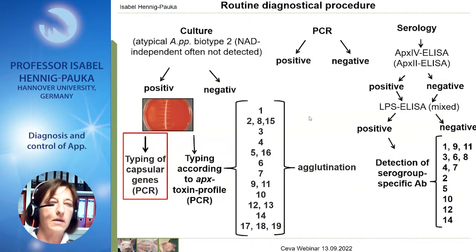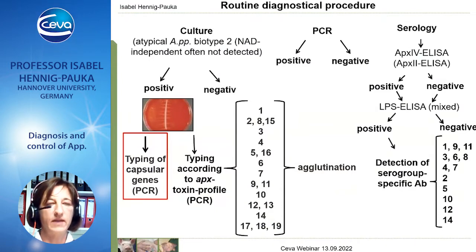You can do PCR directly from lung tissue, but mainly or mostly you do not have the possibility to find out the serotype which is involved. This is only possible if you have very large burden of pathogen. And serology is used to test if pigs are free of APP. So APX4 ELISA is very common because it's only positive if the pig has been infected, not if it has been vaccinated.